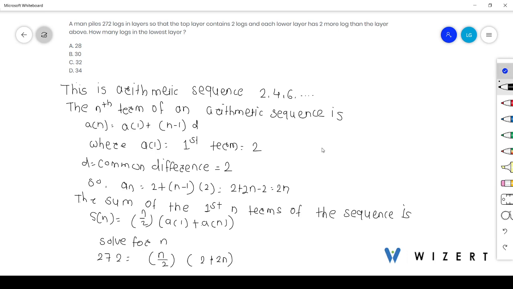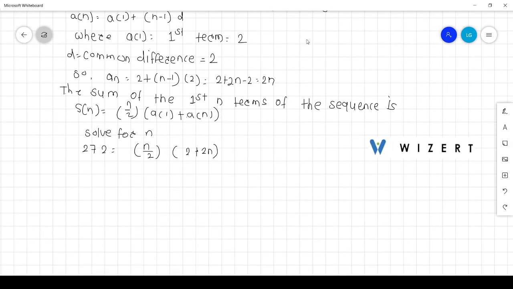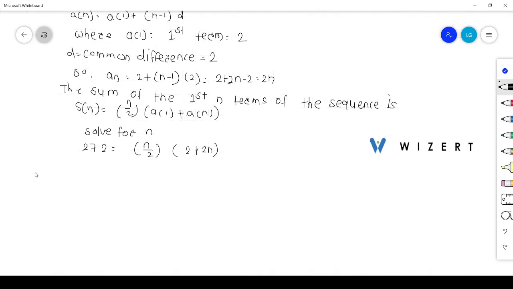So to solve this for n, let us make a quadratic equation in the form n square plus n minus 272 equals 0. That is n minus 16, n plus 17 equals 0. So n equals 16 and n equals minus 17.